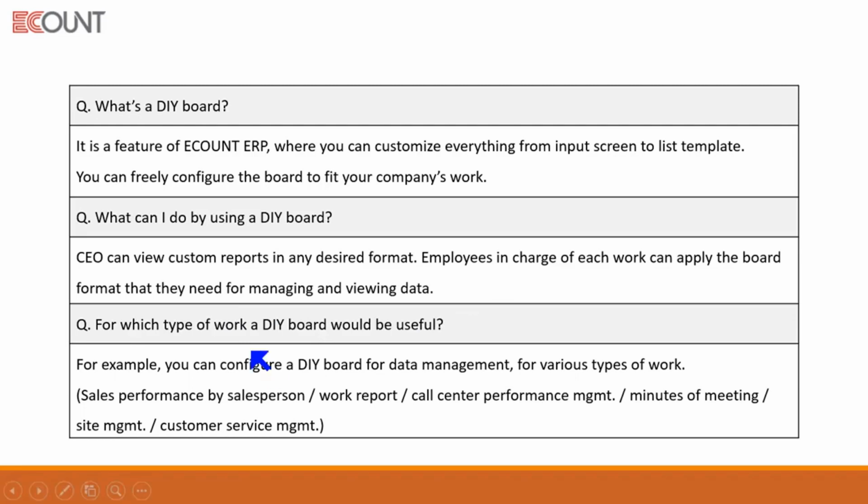For example, you can configure a DIY board for data management to suit various types of work, such as sales performance by each salesperson, or work report, or call center performance management, minutes of meeting, site management, CS management, and so forth.